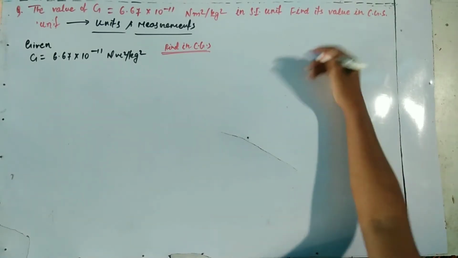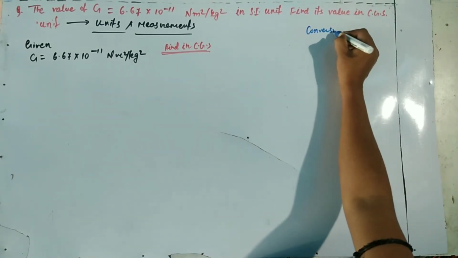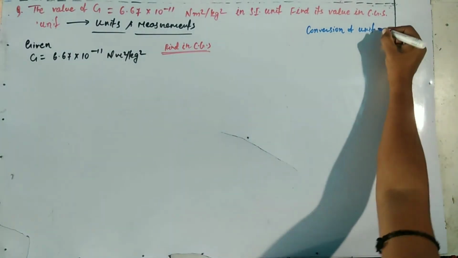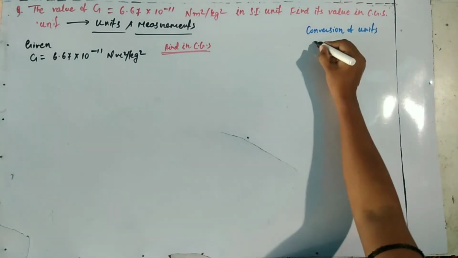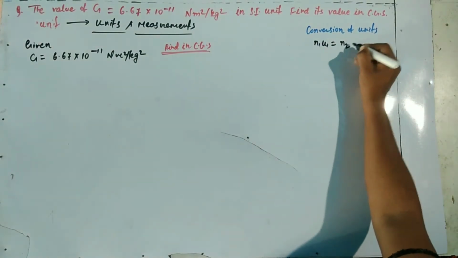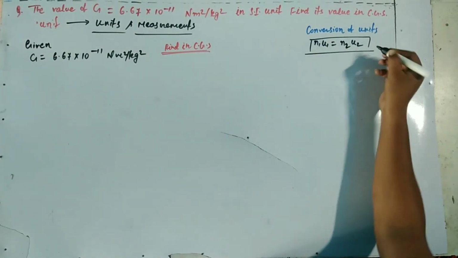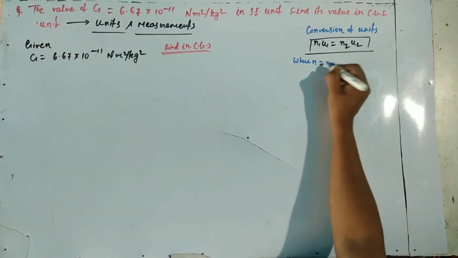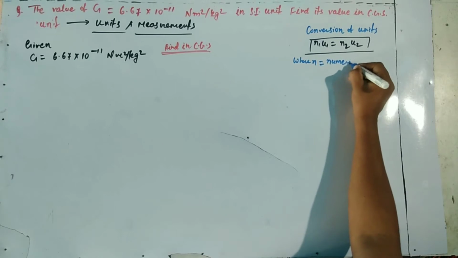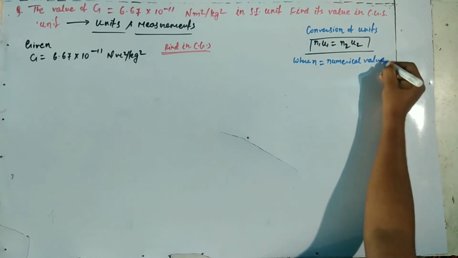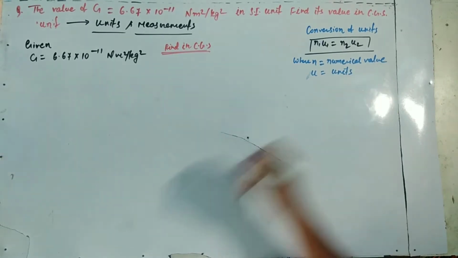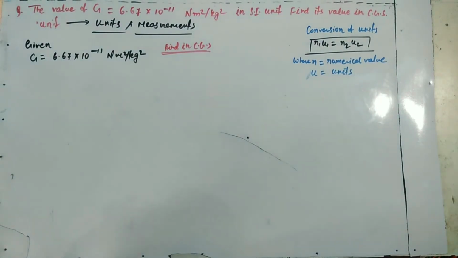So how will we find it? From conversion of units, one formula is there: N1 U1 equals N2 U2, where N is the numerical value and U is the unit. By this formula, we can calculate the value in CGS unit.